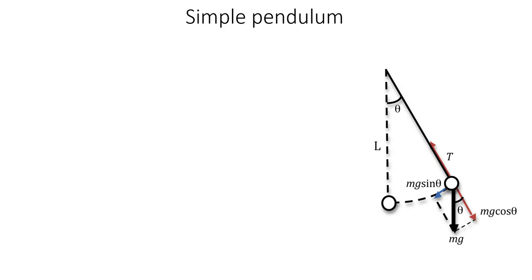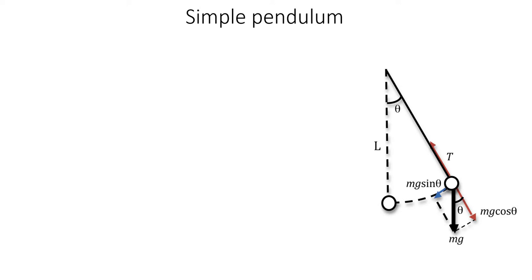Now we will discuss the oscillations of a simple pendulum. This also can be considered as simple harmonic. For that we consider a simple pendulum. Let m be the mass of the bob and L the length of the pendulum. When the pendulum bob is at some position, we can see which forces are acting.